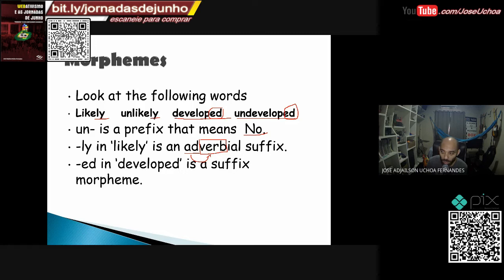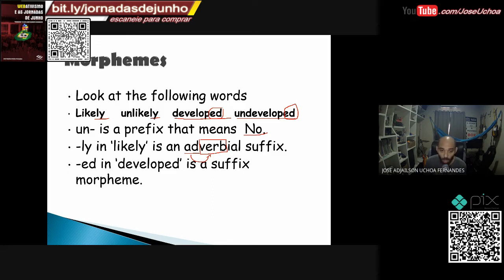So we say it does not form a word on its own, so it's a bound morpheme. What does it mean by being bound? It means it needs something else to be completely meaningful according to what we look up in the dictionary. We are going to deal with bound and free morphemes as well in classes to come.